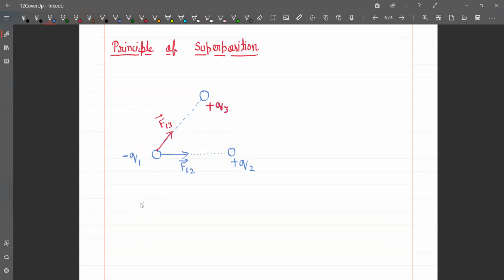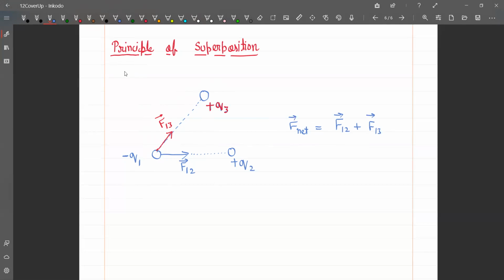In other words, the net force will be the sum of all the individual forces. The attraction between these two will not be affected by this new attractive force. So we like to write it as net force is equal to the sum of individual forces.